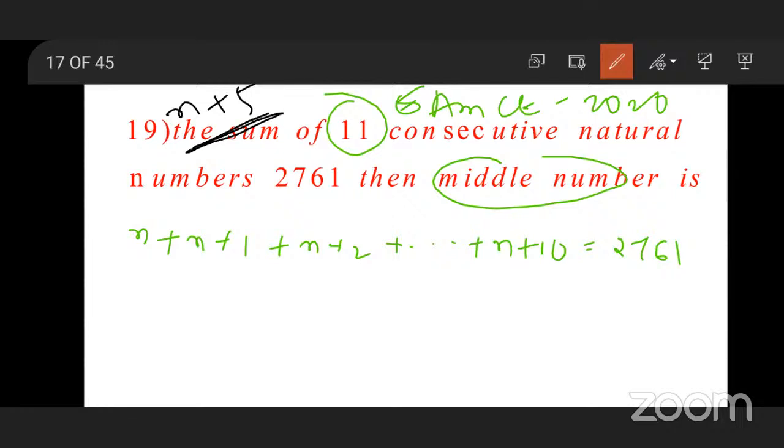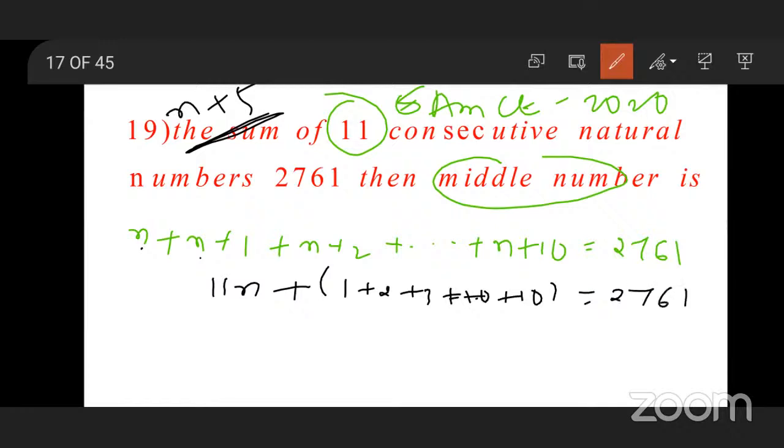First of all, you have to find the individual n value. How many n's are here? 11 n's. 11 n's plus the remaining numbers 1 plus 2 plus 3 up to 10 is equal to 2761. 10 into 10 plus 1 by 2 is equal to 55. So 11n plus 55 is equal to 2761.